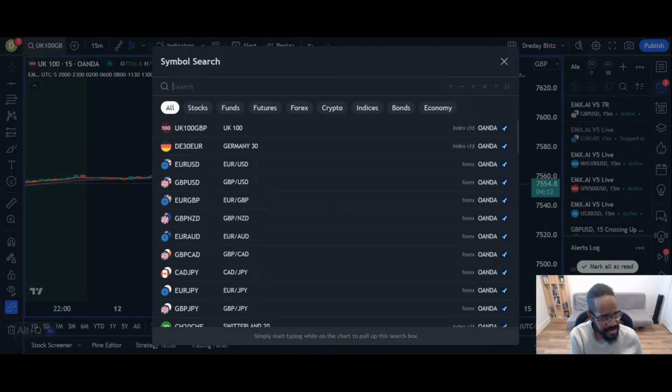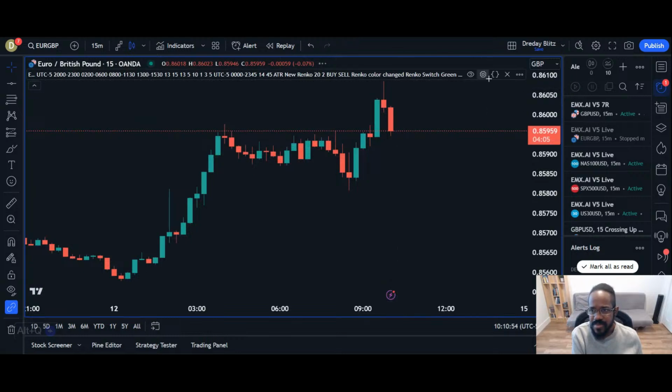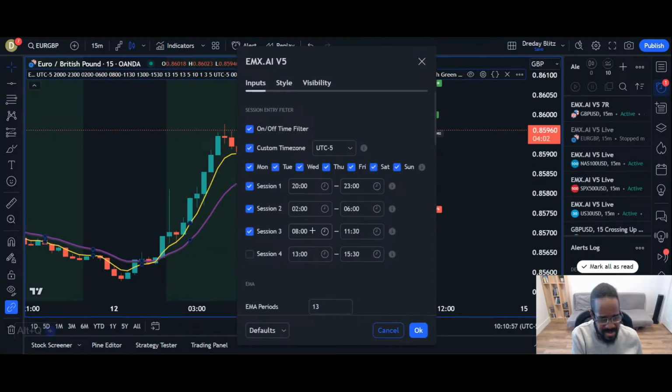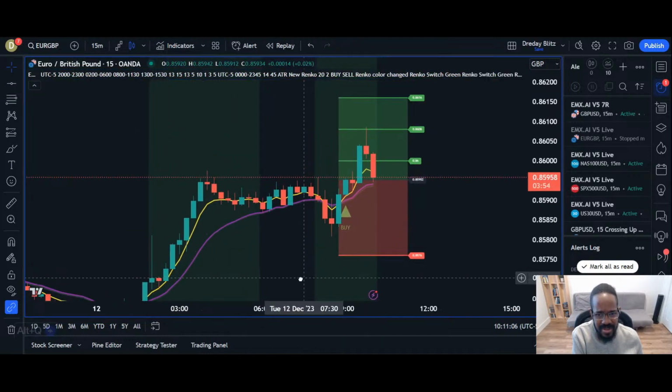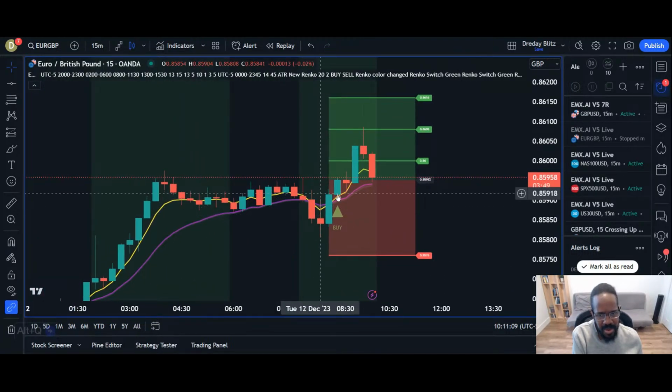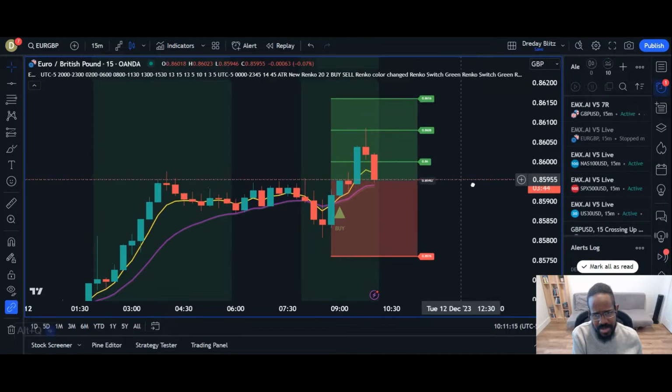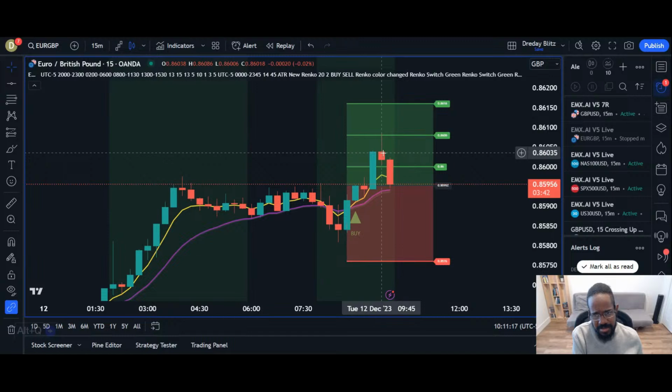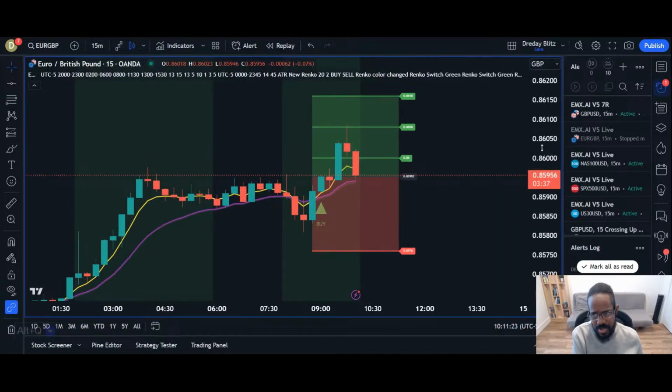It's Euro GBP. Boom boom. And let's close. So it did have a buy here at 9 on Euro GBP, but like I said, I'm expecting the price to go short here.